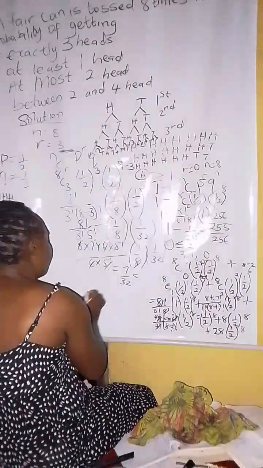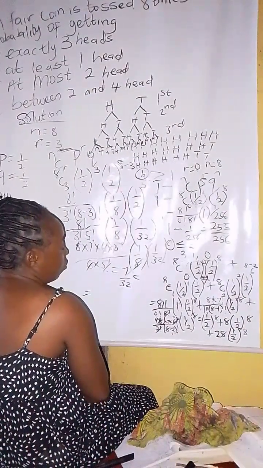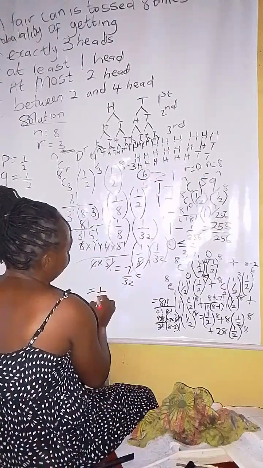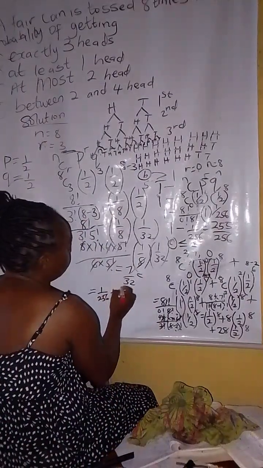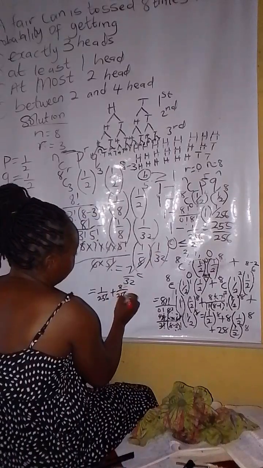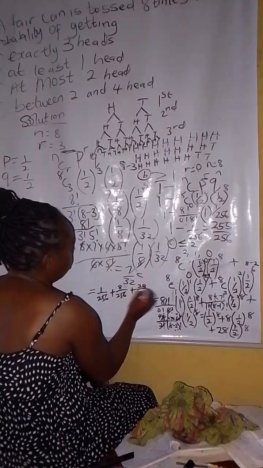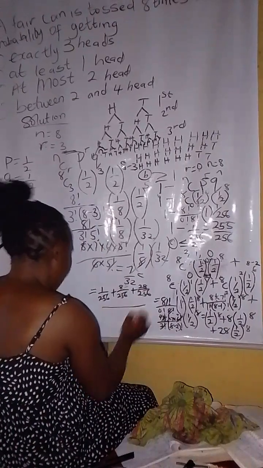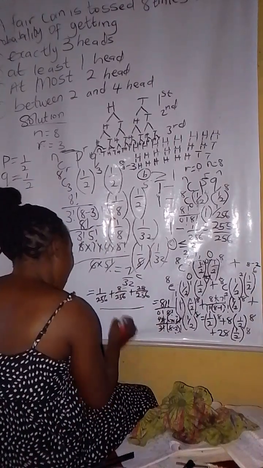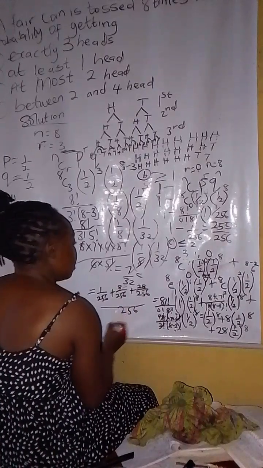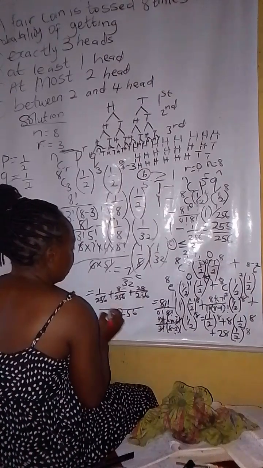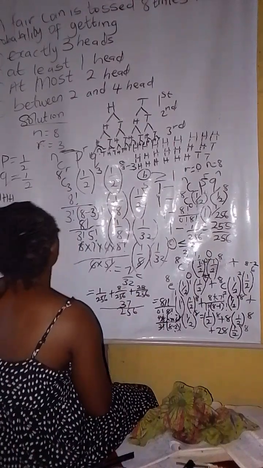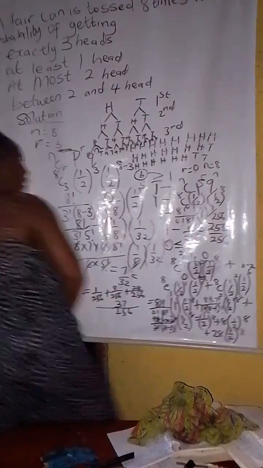So from here, we have 1 over 256 plus 8 over 256 plus 28 over 256. We'll add up. 9 plus 28, that's 37 over 256.